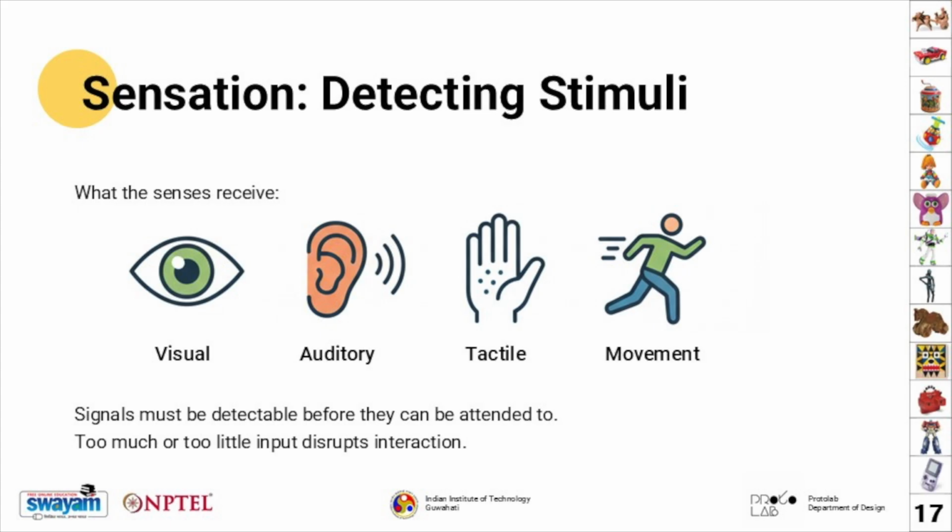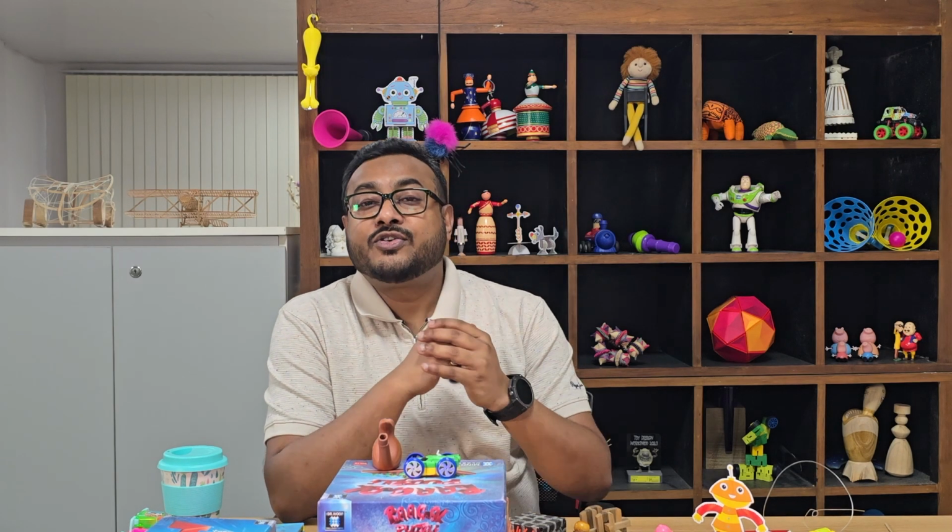If textures are unclear, touch does not guide action. At this stage, the brain is not thinking yet. It is only receiving signals. If signals are too weak, they never reach awareness. Good design ensures signals are noticeable but comfortable. The child must detect before they can attend.